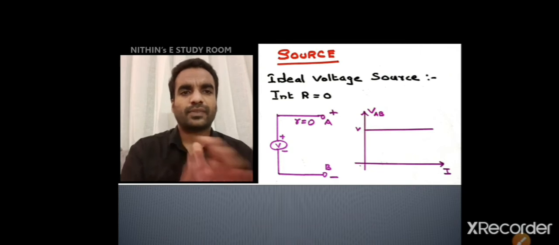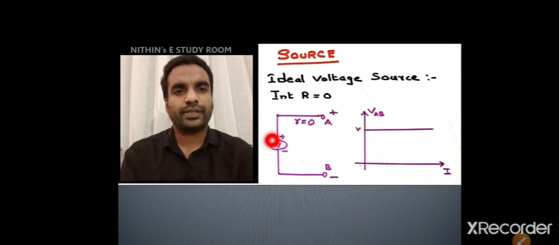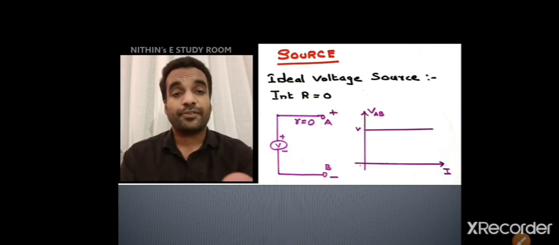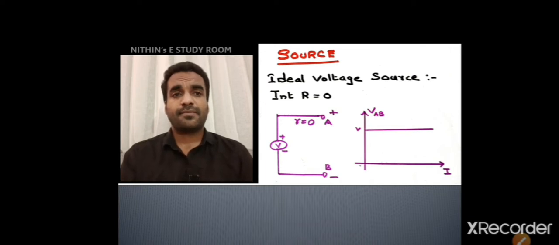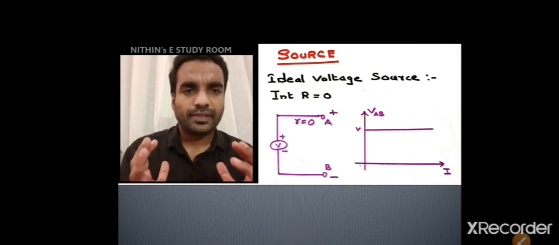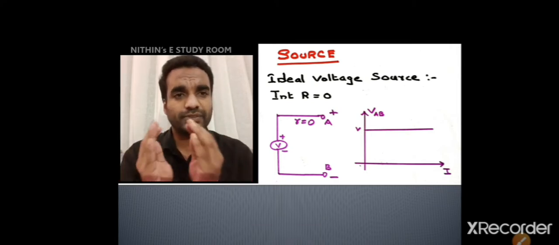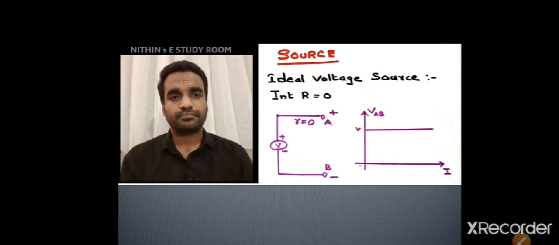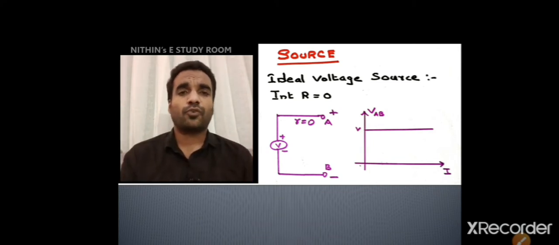One is the voltage that I am showing here, it is V, and also there is a voltage across the terminals known as VAB. What is the difference between these two? V is the voltage that the source can ideally deliver. If you have a 1.5 volt battery, then you can say V is always 1.5 volt.